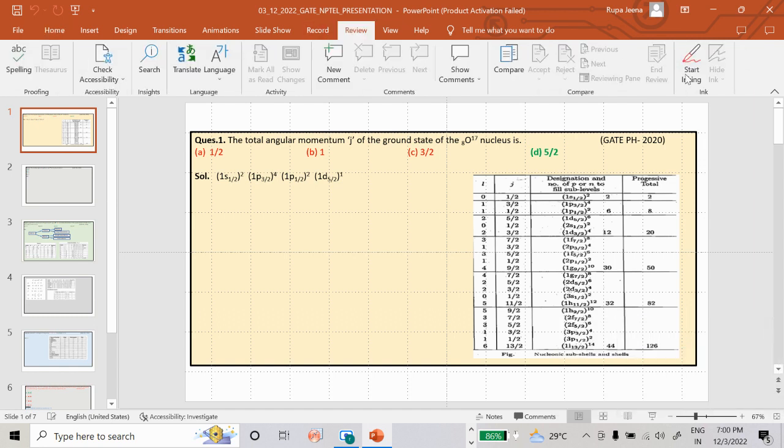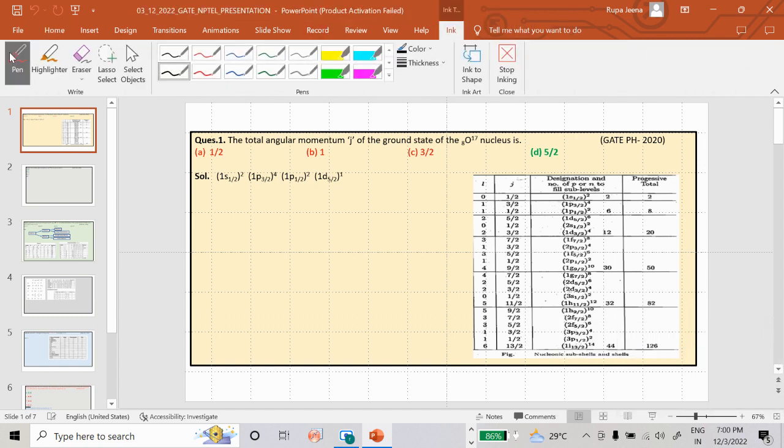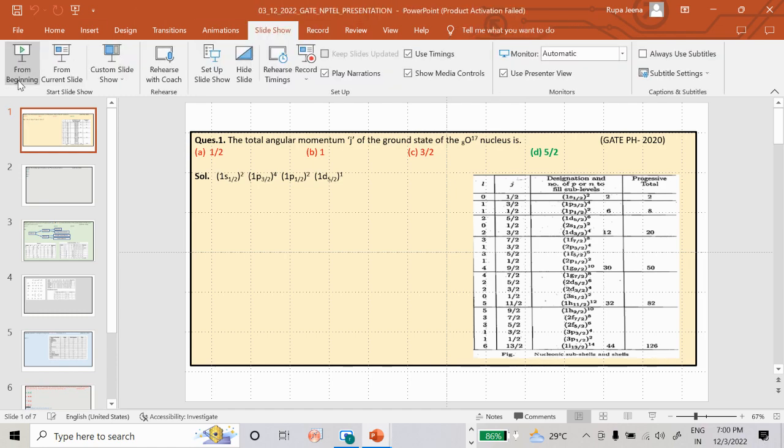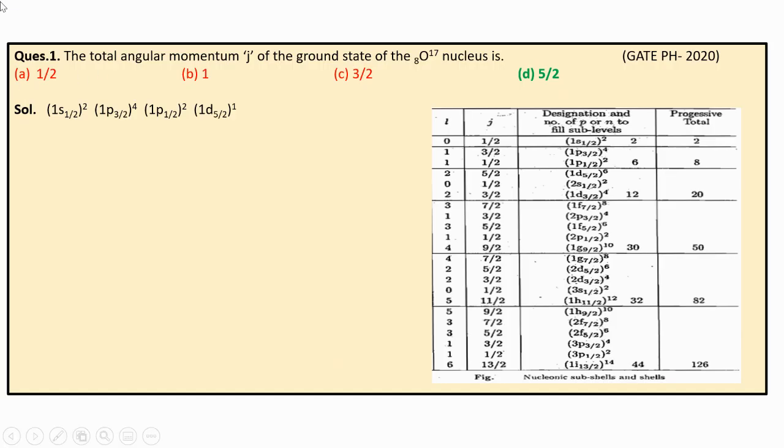Now let's just start the class. This is the first question. The total angular momentum J of the ground state of oxygen nucleus is. You need to find out the total angular momentum of oxygen nuclei.